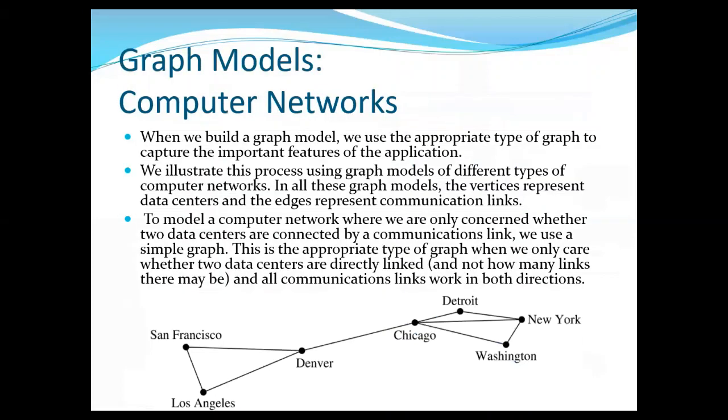Okay, so one application of graph is basically creating a network, a computer network. So definitely in computer networks, especially in the internet, we need to connect different cities, different countries. Those cities will be our nodes and the connectivity will be our edges.